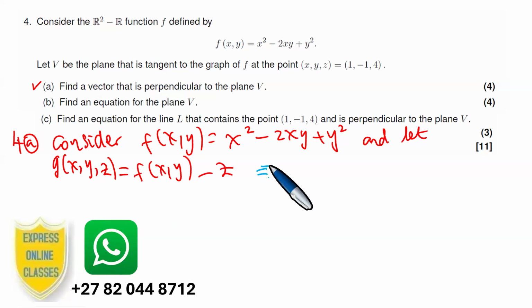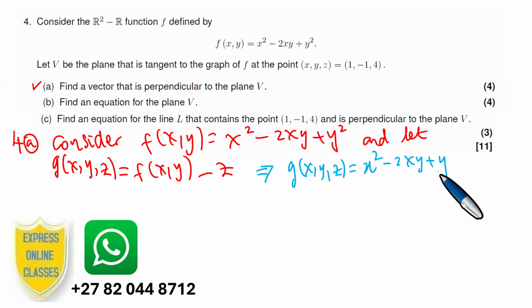By dint of this, our function g of x, y, z is x squared minus 2xy plus y squared minus z.